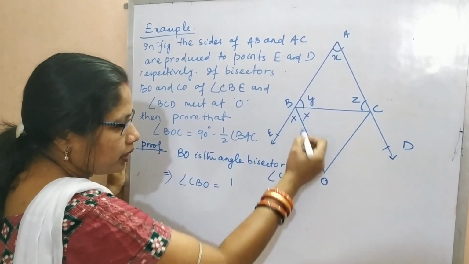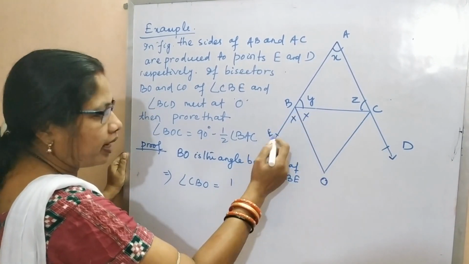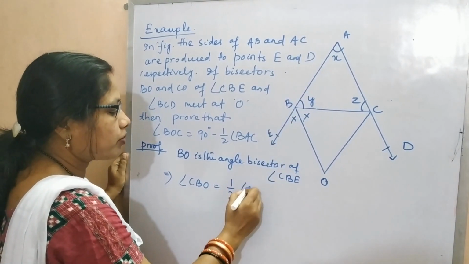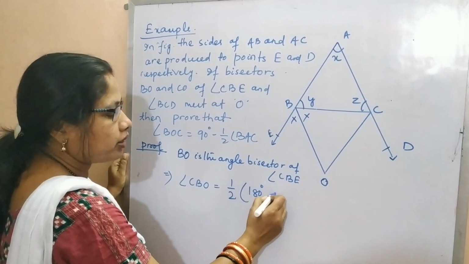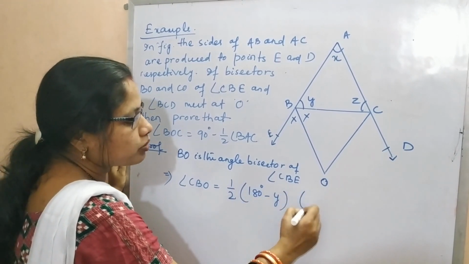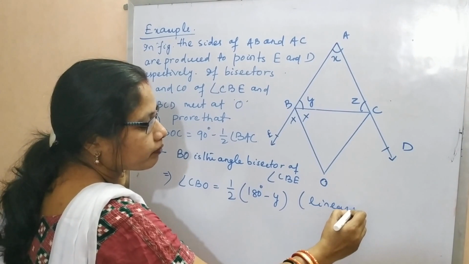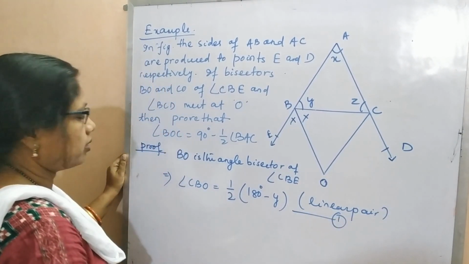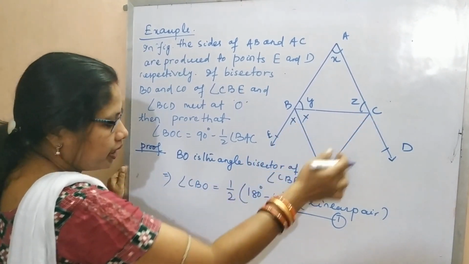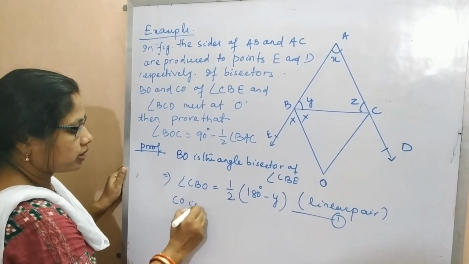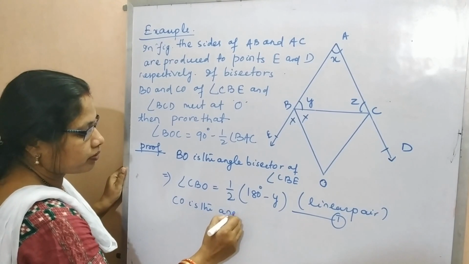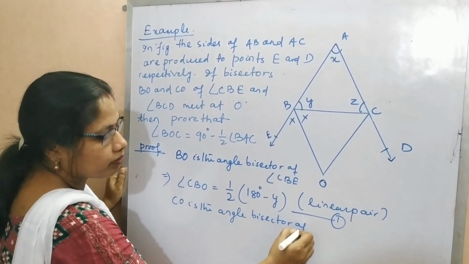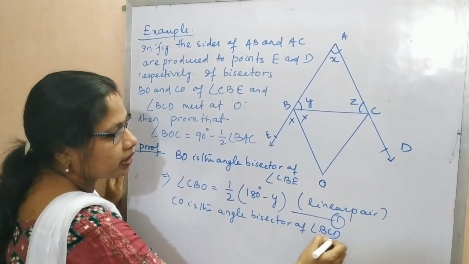So CBO, we know angle CBE is 180 degrees minus Y. So half of 180 minus Y. This is due to linear pair. And this is our equation 1. Again, CO is the angle bisector of angle BCD.